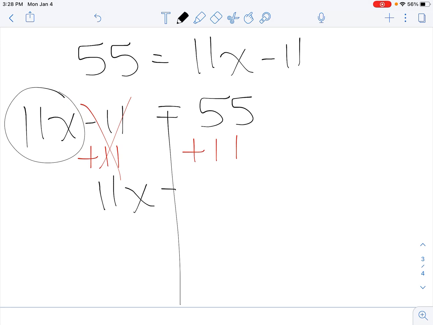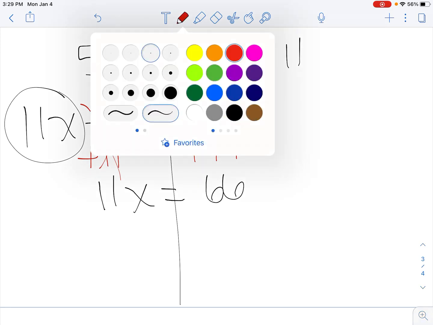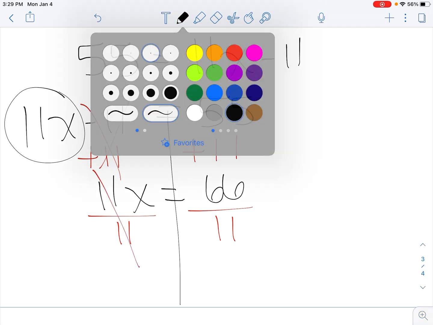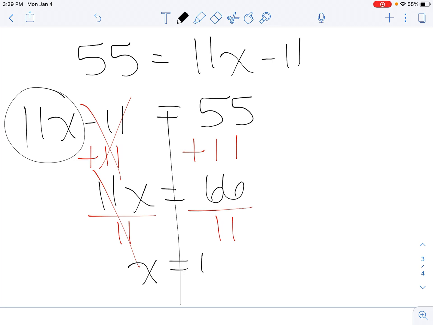So 11 times what equals 66? Well, the opposite of multiplying by 11 is dividing by 11. So divide the left by 11 and divide the right by 11. Cancel your 11s. X equals 6.